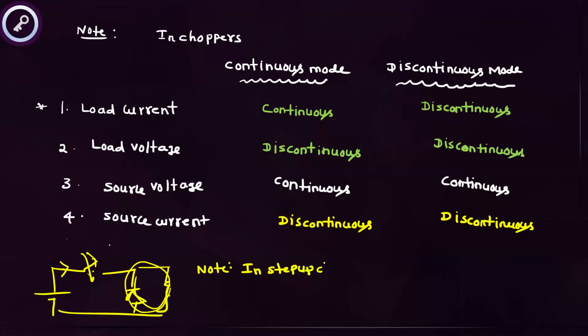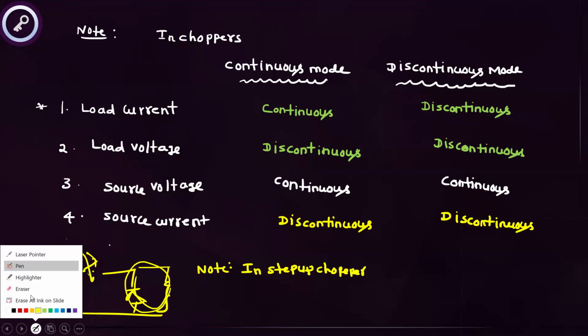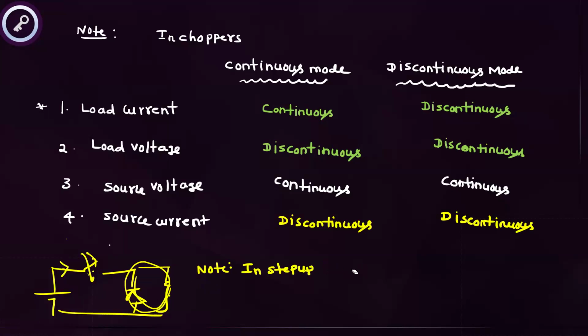In the step-up chopper or boost regulator, the source current is continuous in both continuous mode and discontinuous mode.